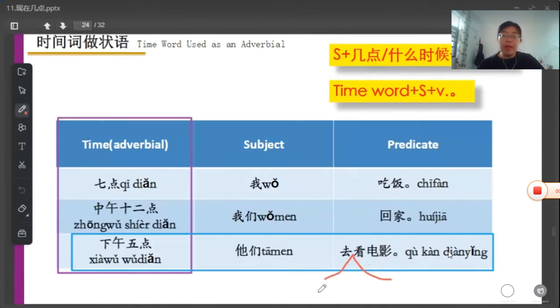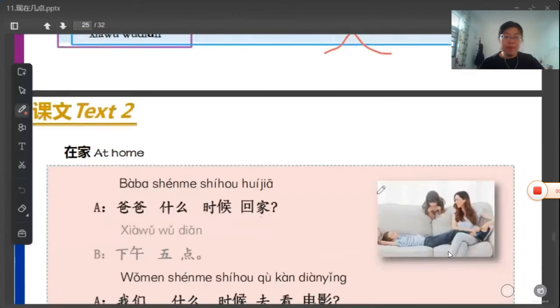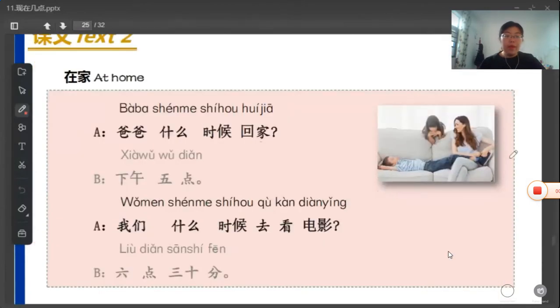But if you don't want to mention the place, you can omit it. So this sentence omits the place. Just 去看电影 is also right. 他们去看电影.